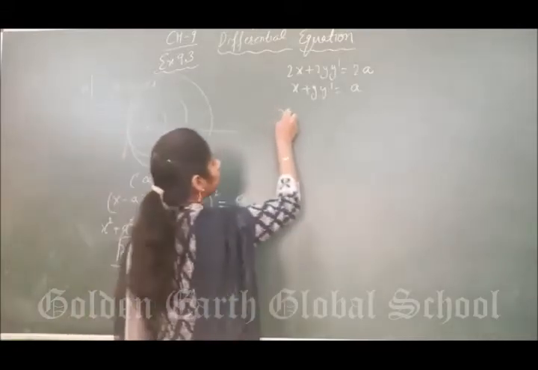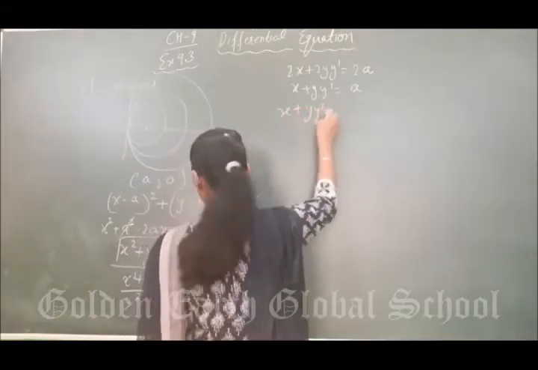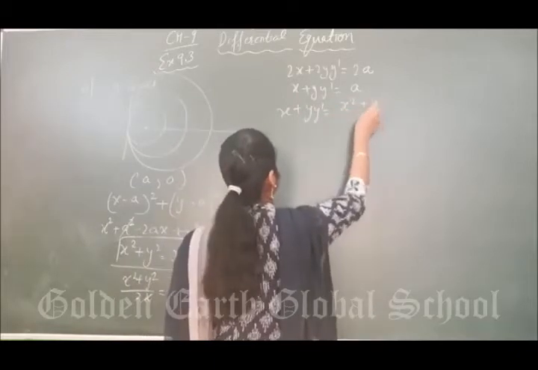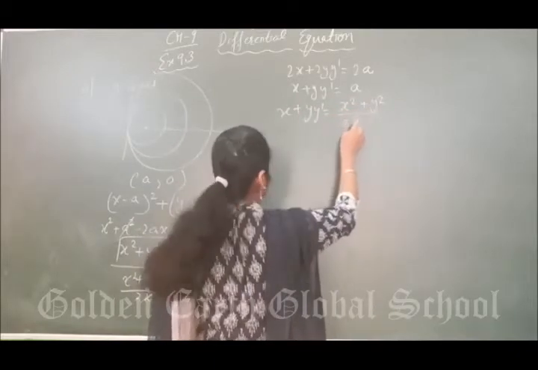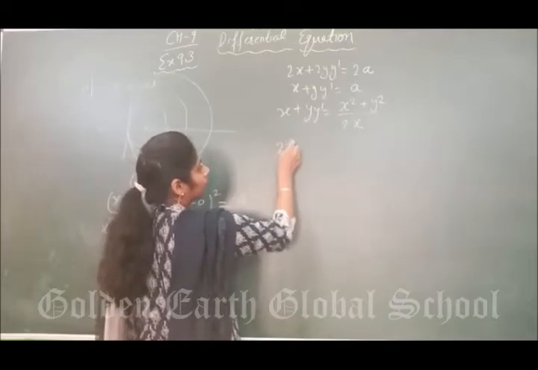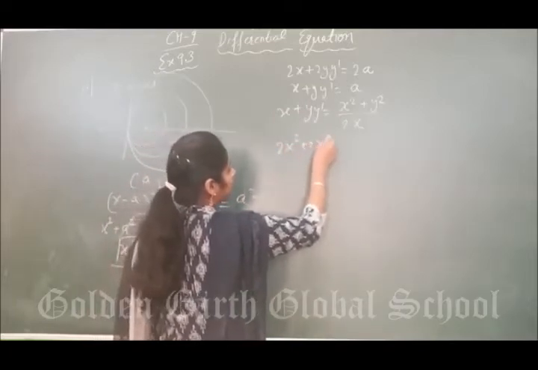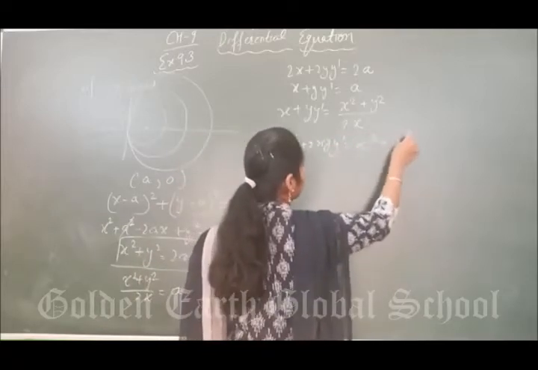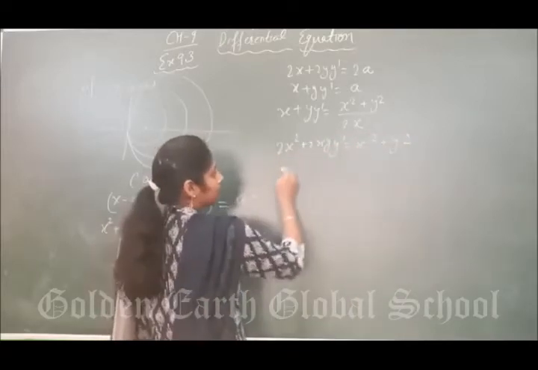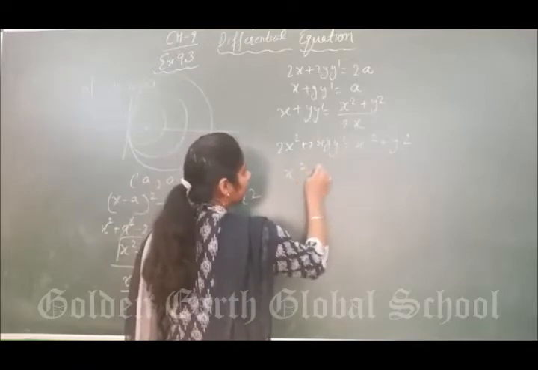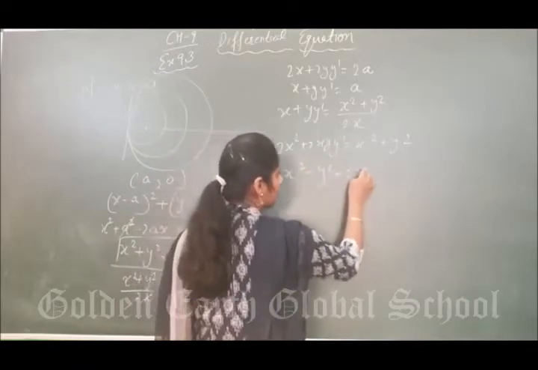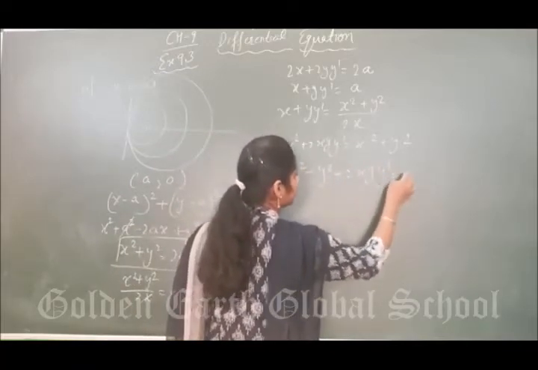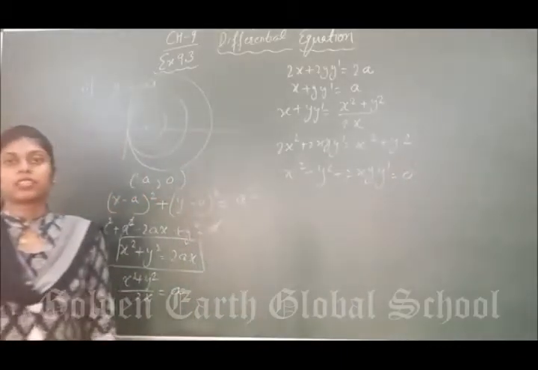Put it here. Cross multiplying, 2x square plus 2xy y dash equals x square plus y square. Simplify it. 2x square minus x square is x square, minus y square, plus 2xy y dash equals 0. So this is your differential equation.